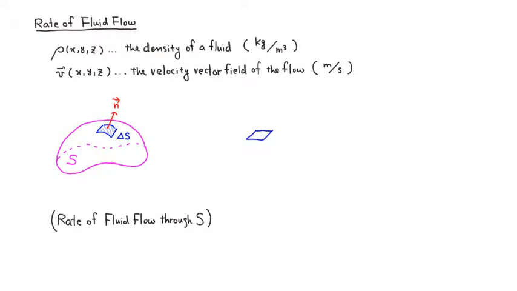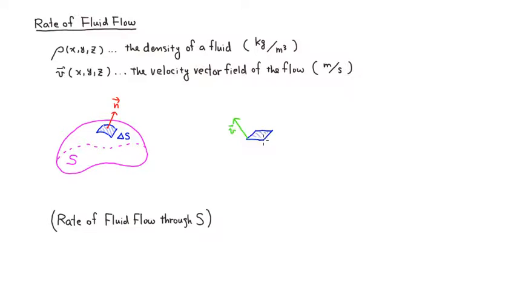This is the delta S, and the fluid is going in the direction of the vector field here. So let's put a vector field, let's say going in this direction. Let's say this is vector V.